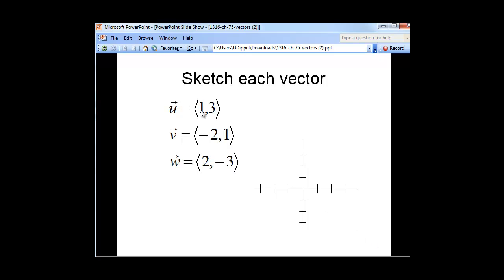So we're going to start at 0, 0 and go over 1, up 3, and that's our ending point, so our arrow goes from 0 up to (1, 3). <-2, 1> goes from 0, 0 over to -2, up 1. <2, -3> means you're going to go 2 right, down 3, and when you get there, the vector goes from 0, 0 to (2, -3).